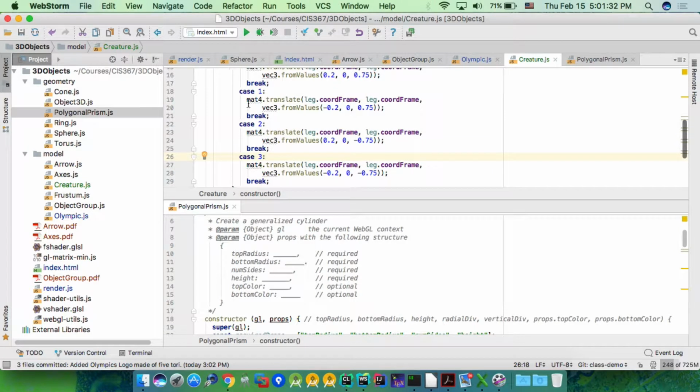So how do I do that? Do I translate first or do I rotate first? If you're going to be doing the rotate or the translate function, the operation will be multiplied on the right side. So be careful with the sequence here.